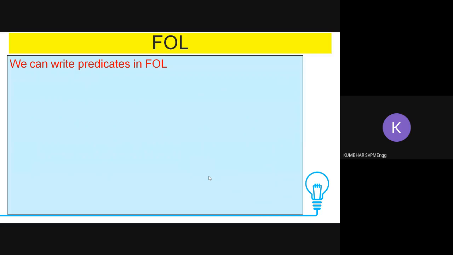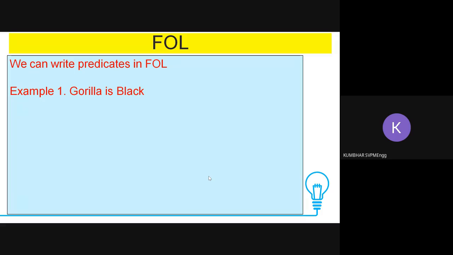We can write predicates in FOL. Suppose we take an example: gorilla is black. Tell me, is it true or false? Using propositional logic, we cannot express this English statement as a propositional logic statement.